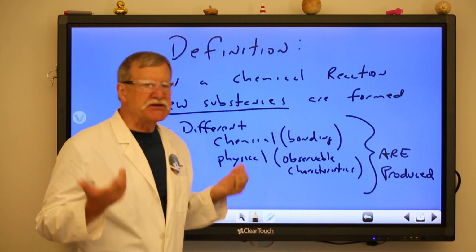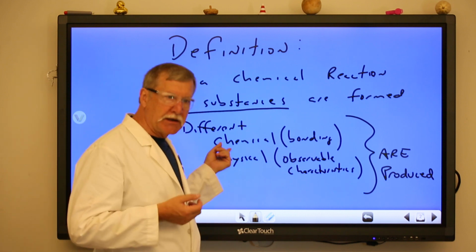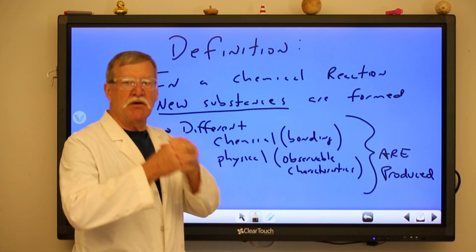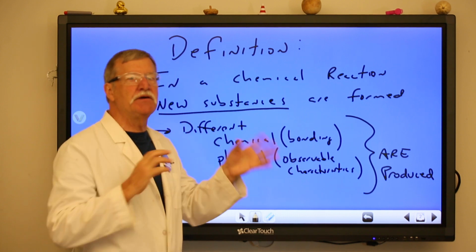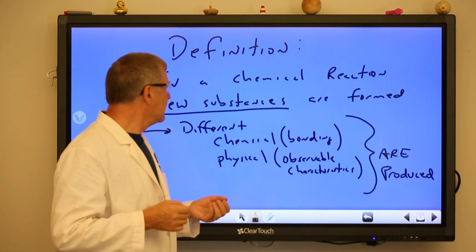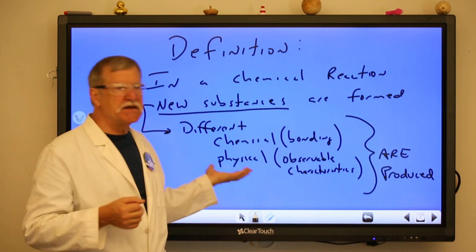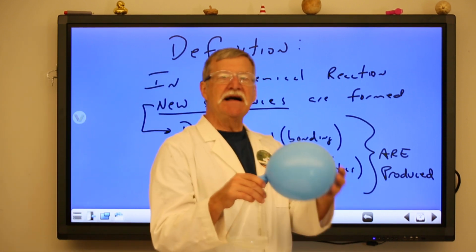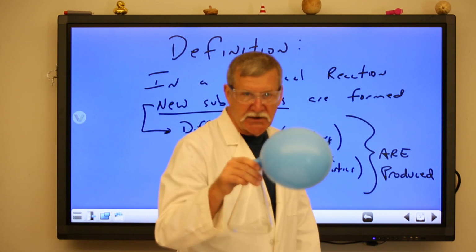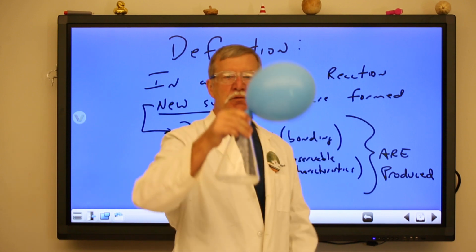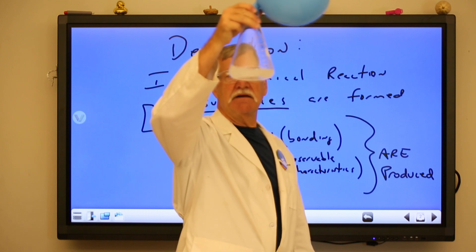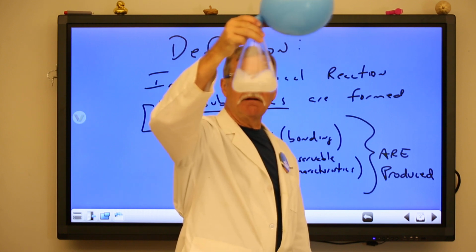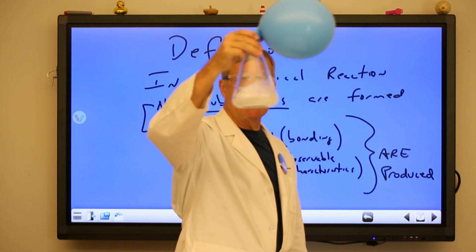When we say a substance is different, it is different chemically, which means it's bonded with other atoms in a different configuration, a different ratio, and it's different physically, the observable characteristics, right? This balloon was not all inflated when we started this, all right? That's an observable characteristic, all right? I've got no longer clear liquid here, but kind of a milky white liquid.